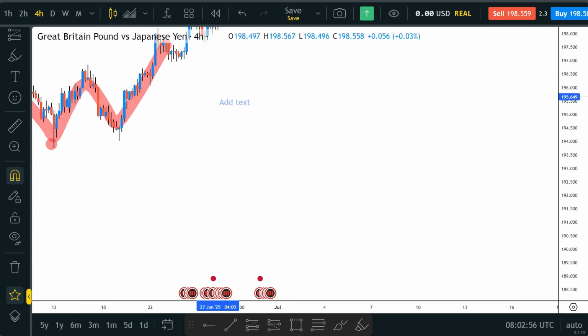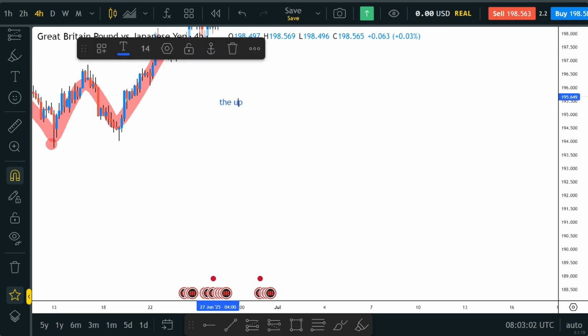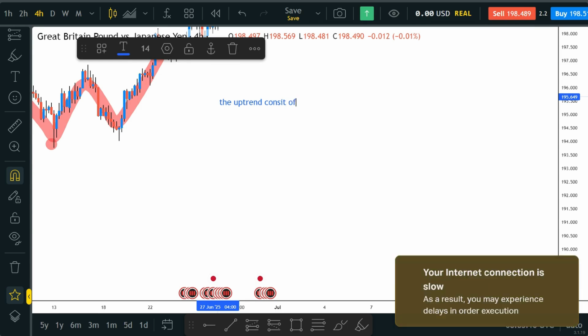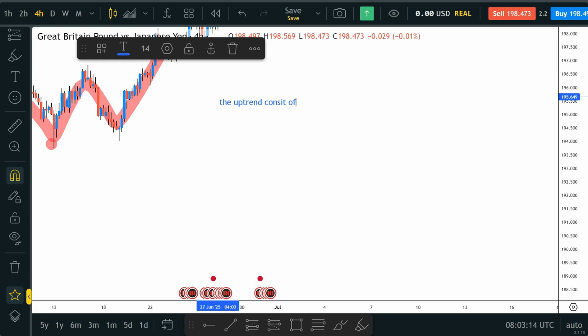But we can say that an uptrend consists of the higher highs and the lower highs.